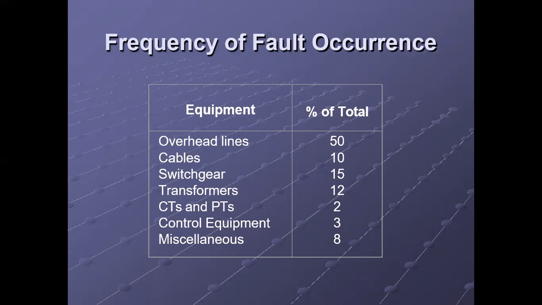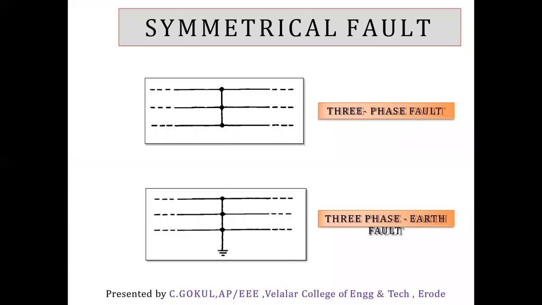Then switchgear: 15% of faults occur on switchgear equipment. The fourth one is transformer: 12% of faults occur on transformer. Then 2% of faults on CTs and PTs, meaning current transformer and potential transformer. Then 3% on control equipment, and miscellaneous equipment accounts for 8% of total faults.